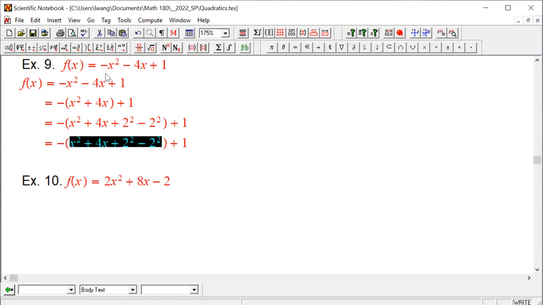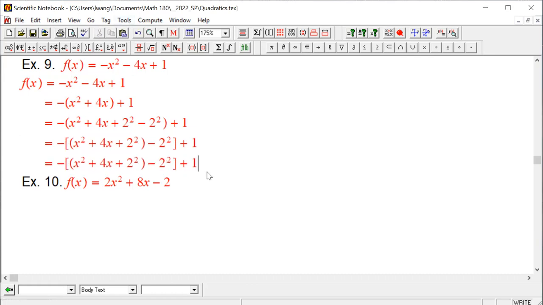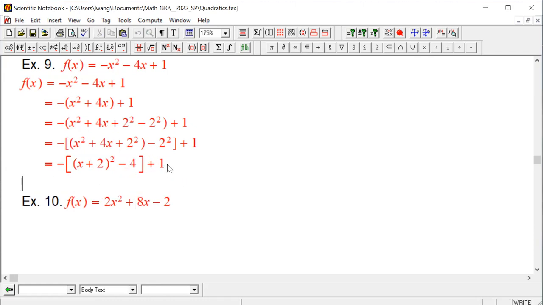At this point, I'm going to make the bracket because I always want to make sure it's absolutely clear. These 3 terms make the perfect square. Making these distinctions makes it easier for you and easier for your readers. So the first part is just going to be x plus 2 squared. And of course, this is minus 4. Then you distribute the negative sign inside the parentheses.